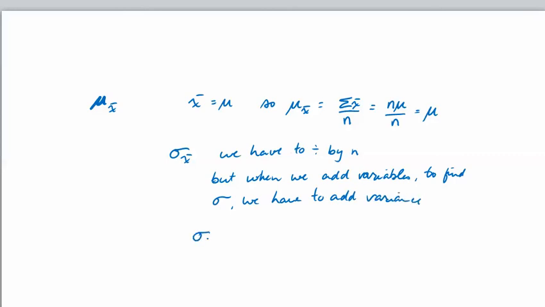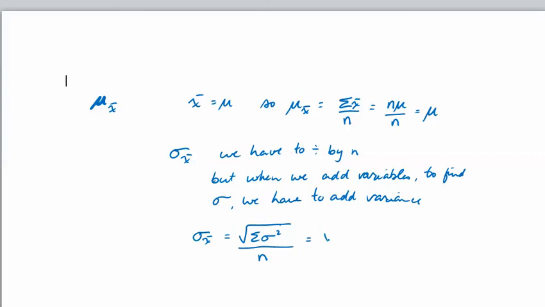So the standard deviation of the means for our sampling distribution is going to be the square root of the sum of the variances, and of course the variance for each sample is going to be the same as our population variance, and then we divide all of that by n.